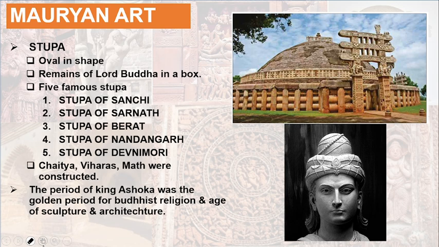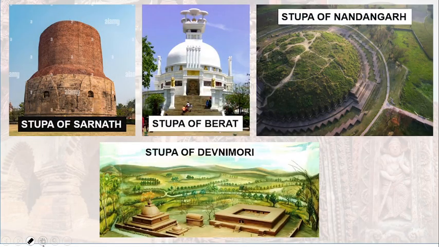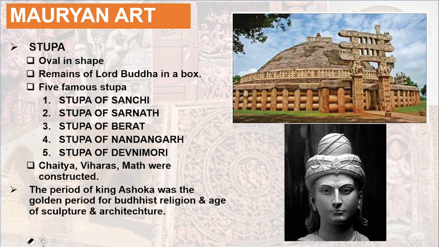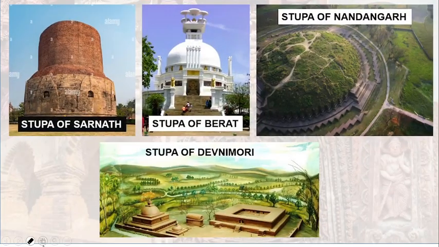You will read somewhere that during the reign of King Ashoka, they developed the Buddhist religion and built many sculptures and architecture. So here are the 4 more stupas of India: first the stupa of Sarnath, second the stupa of Bharhut, third the stupa of Nandangad and fourth the stupa of Devni Mori. So these are 4, and the stupa of Sanchi is here. These 5 stupas are the most famous stupas of India.